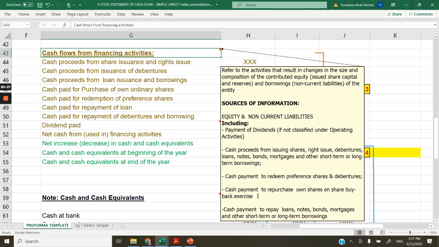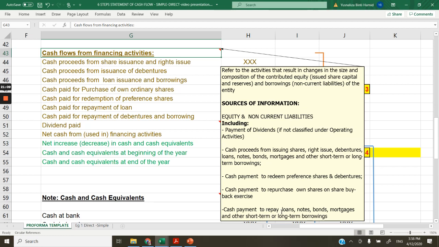On the exercise of share buyback, you may have a cash payment that you purchase your own shares for cancellation. That is going to be included under financing activities as an outflow. Cash payments that you may have to make for the loan that you took earlier, or for the notes that you issued to your supplier, to repay that long-term notes, bonds, mortgages, and other short-term or long-term borrowing, right?